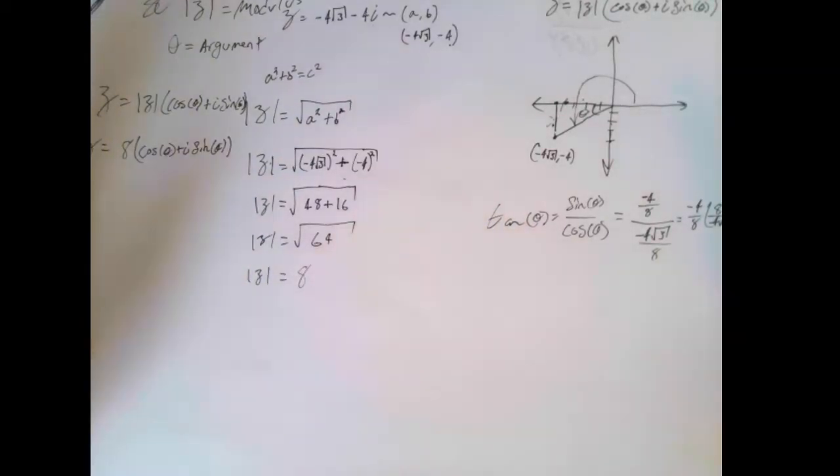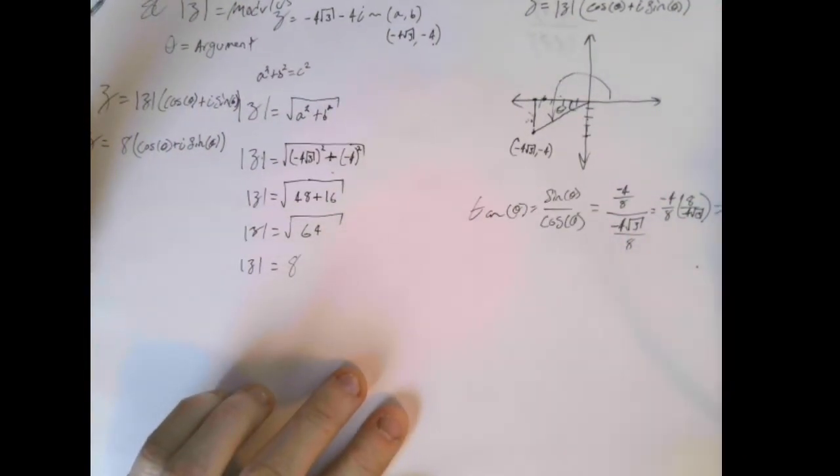All right. So how do we divide fractions? Well, we multiply by the reciprocal. So we say this is going to be -4 over 8 times 8 over -4 root 3. Let me move this a little bit so you can see it a little better. I'll rewrite it down here because it's kind of hard to read there.